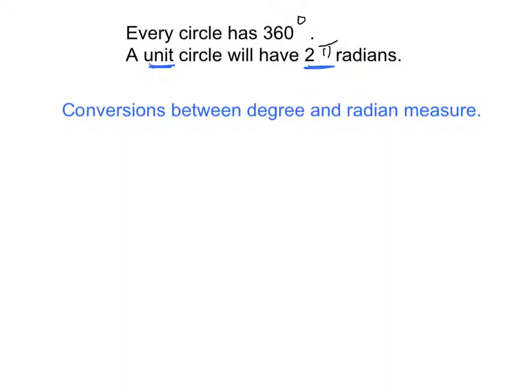So it makes sense to talk about how we would convert between degree measure and radian measure. And the key here is that 180 degrees is exactly the same thing as pi radians.